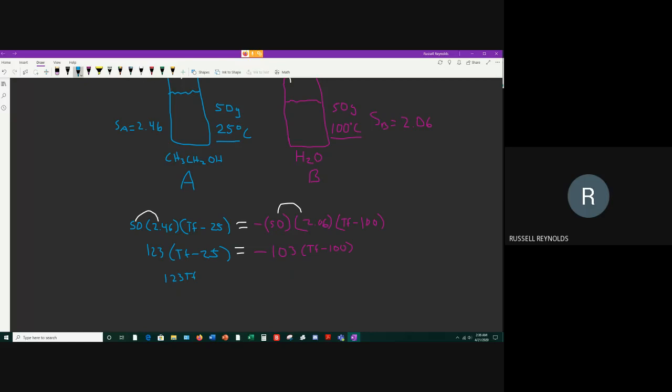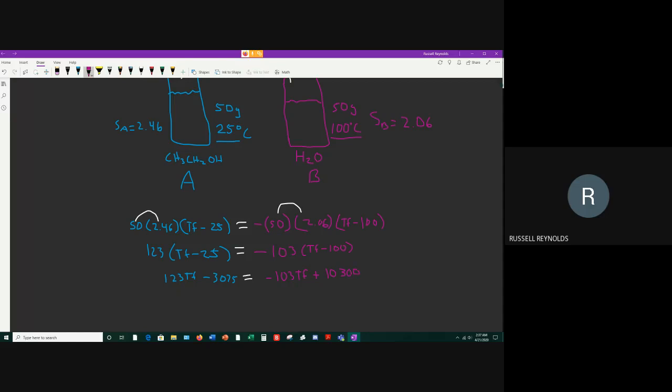Remember that TF is our variable that we're trying to solve for, minus 3075, and this will be equal to, do the same process on the other side, negative 103 TF plus, and it'll be plus because we're multiplying a negative by a negative, so we end up with a positive 10,300.